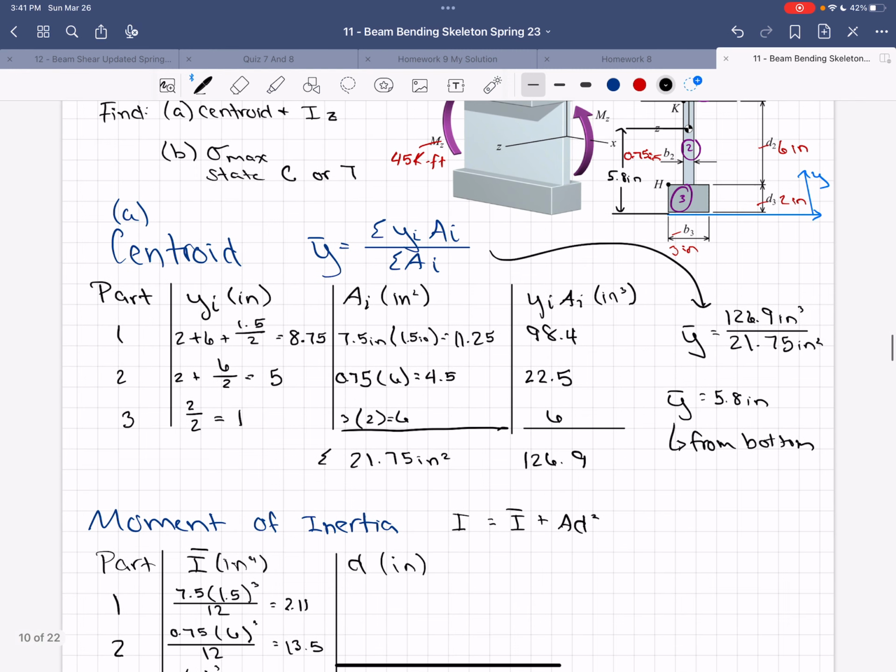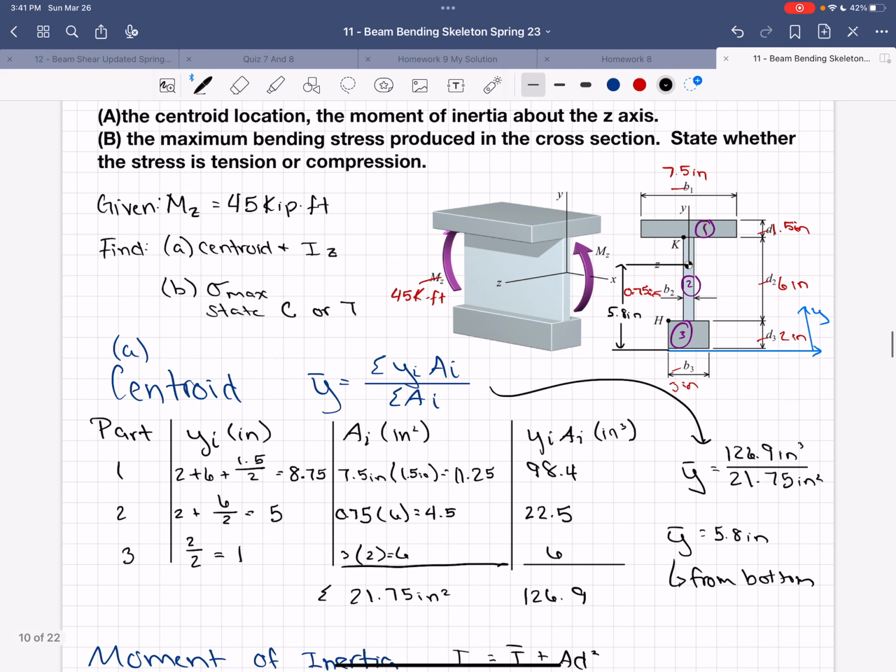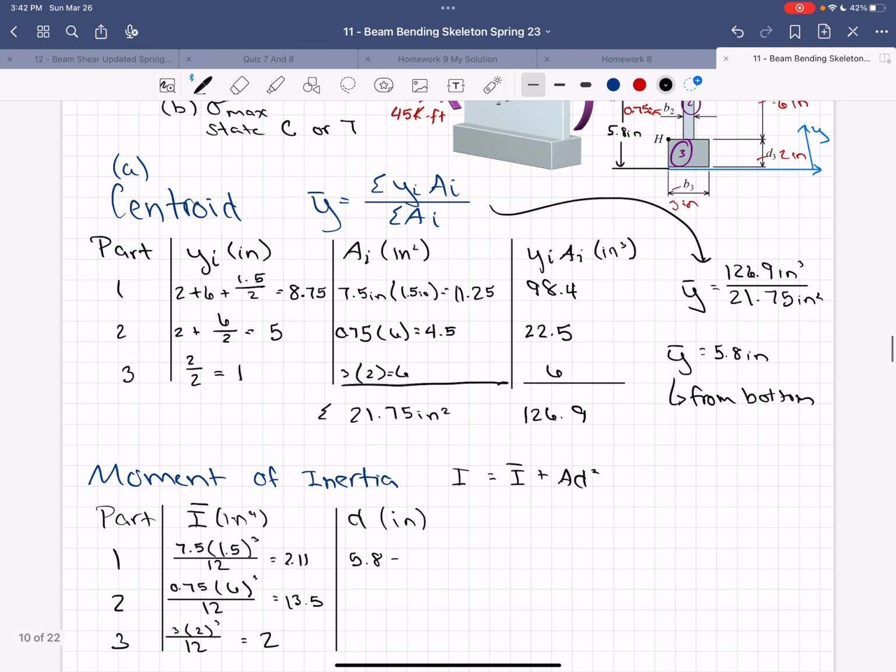So the centroid of the whole part is 5.8, the sign doesn't matter, minus the centroid of part 1, we can just look up here, is 8.75. So we do 5.8 minus 8.75, forget the sign, and we get 2.95. We're going to square it, so the sign doesn't really matter.